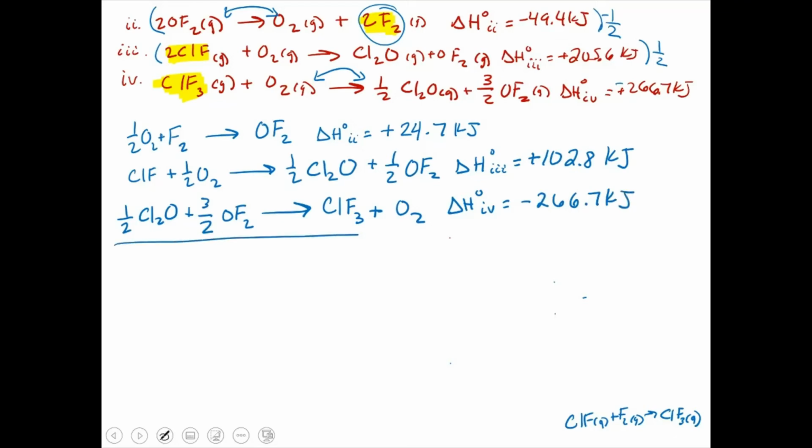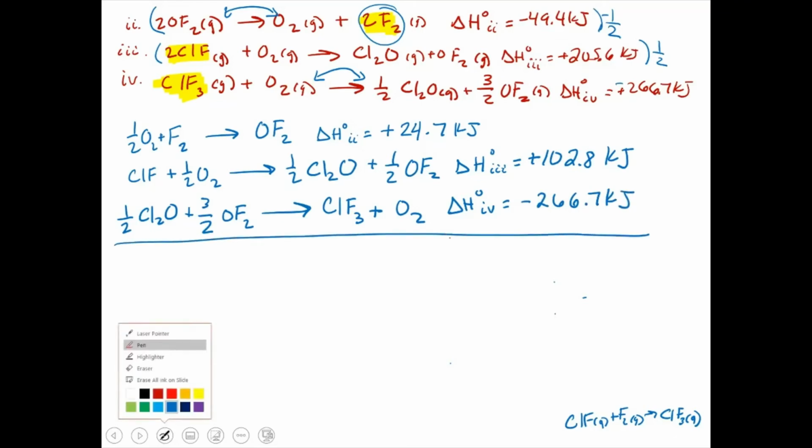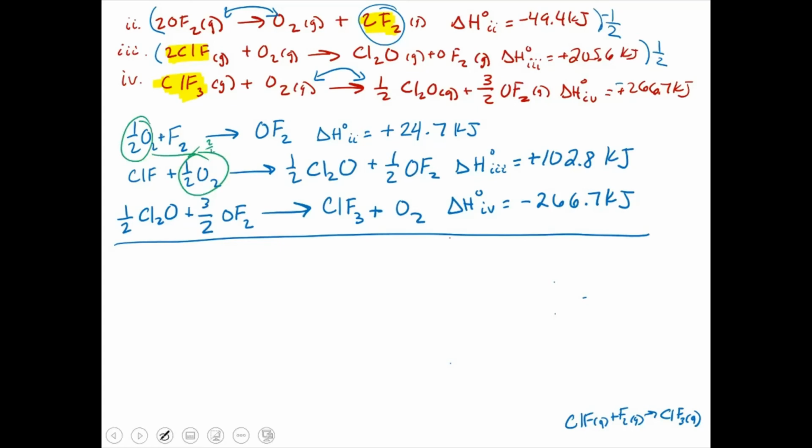So now we're going to add up this system. Get a different color. Let's go green. And let's look for things to cancel out. So one thing I noticed, I have half an O2 and half an O2. Those add up to be 2/2 O2, which equals 1 O2.